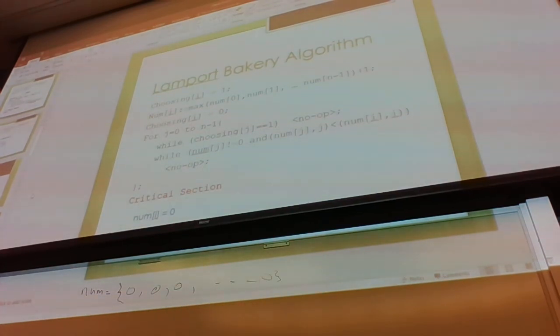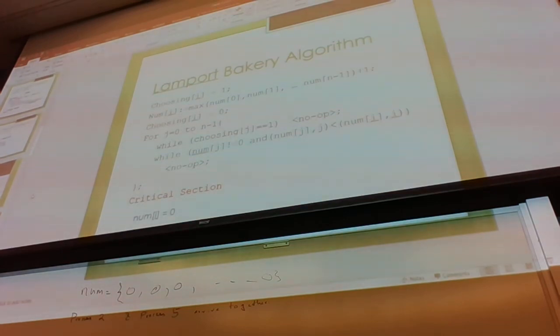And then process 2 and process 5 arrive together. So they both execute the first line of code simultaneously. The first line here is the second line of the code because choosing is not there.